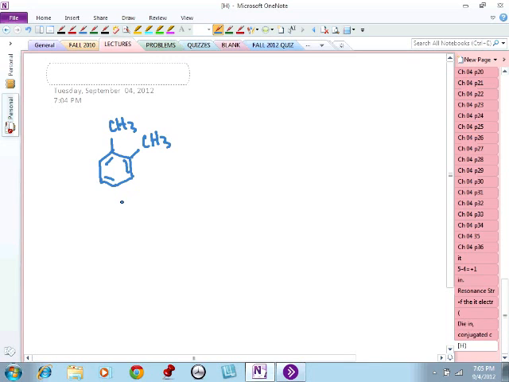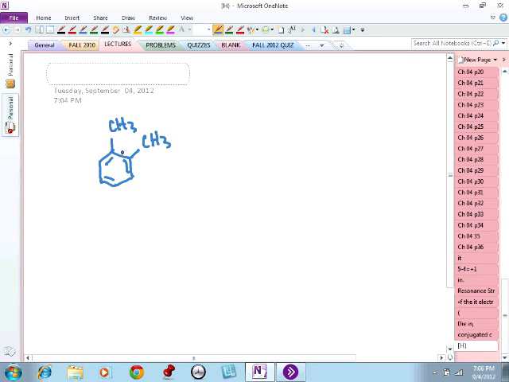Let's draw the neutral resonance structures, those that do not have any charge. Give me one that doesn't have a charge. Move all of the pi bonds.